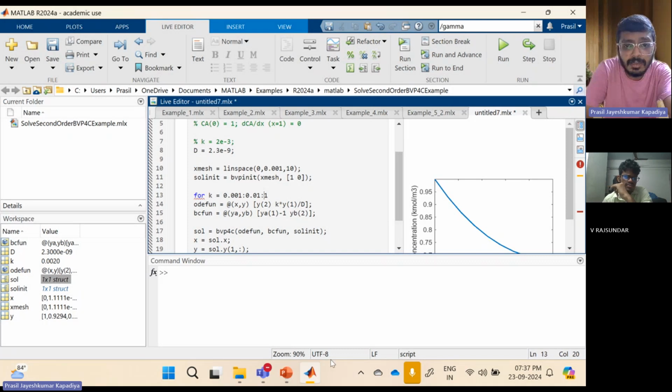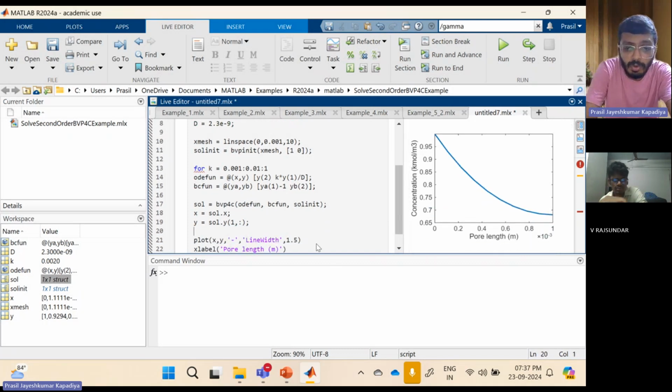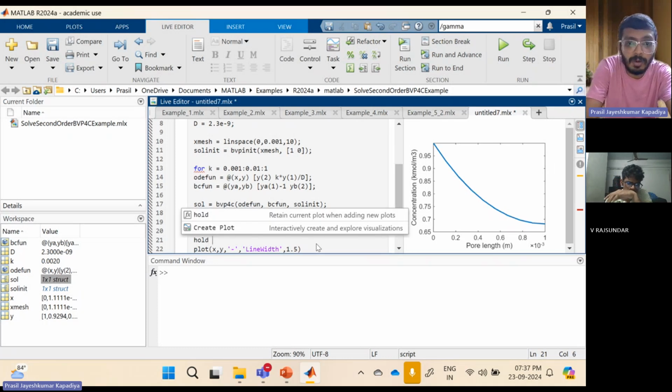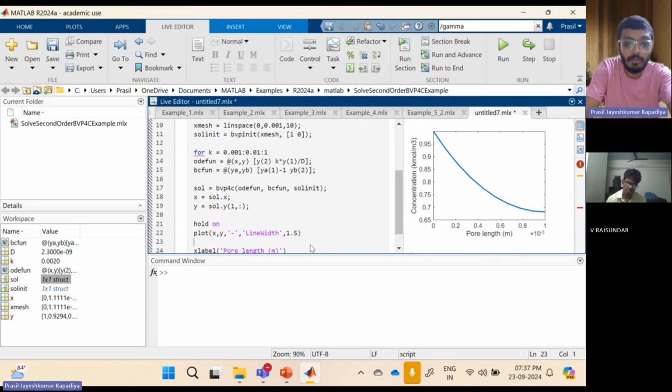I'm just experimenting with the value of k. I need to put one hold on command here because with every for loop I should not get different curves. I should get all curves in one place. That's why in the for loop we need to put the hold on command before plotting.